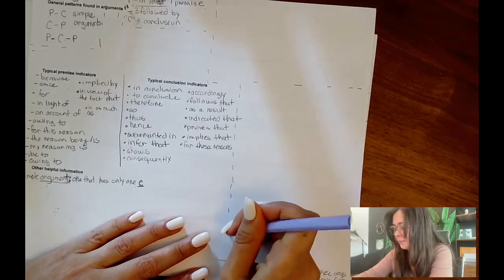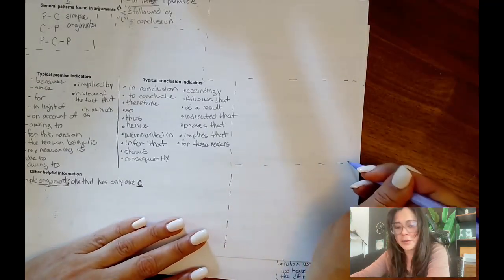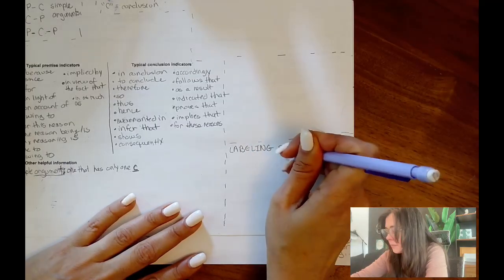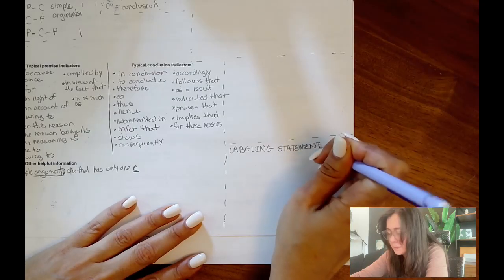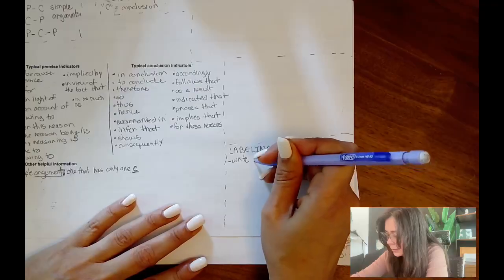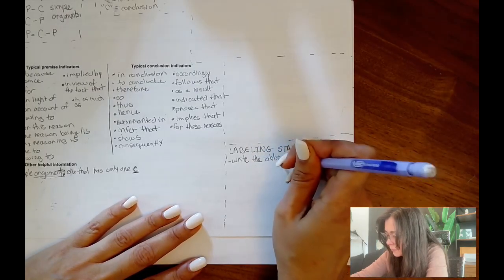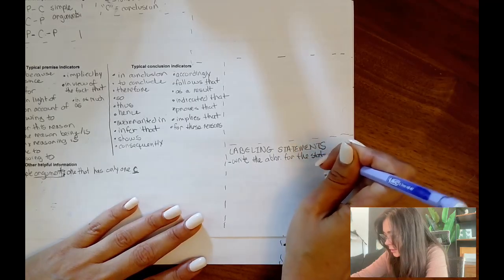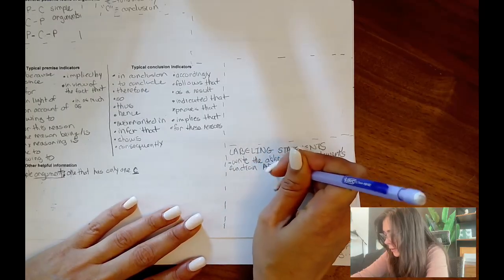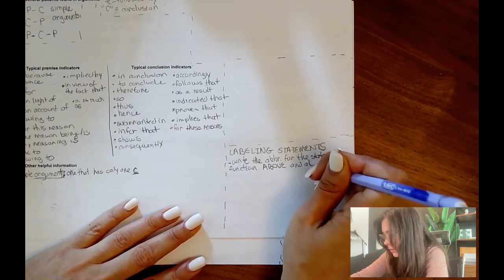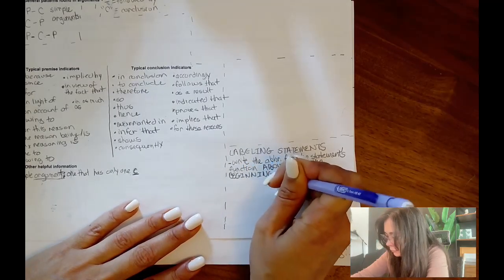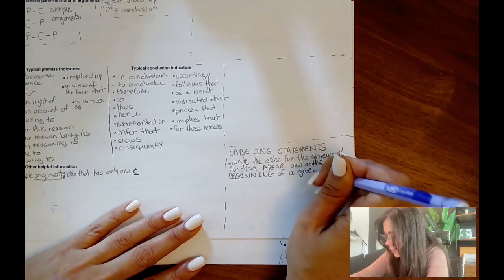So let's keep drawing this line down here. And then maybe cut this rectangle in half right here. And we're going to have right here labeling statements. Write the abbreviation for the statement's function above and at the beginning of a given statement.